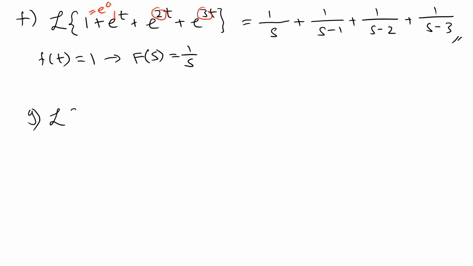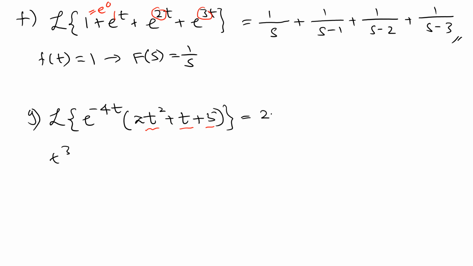This is also very similar to the previous one. The only thing you need to do is, we have 3 terms, and each time you have different functions. So do a mental calculation. The first one is 2 times t squared.